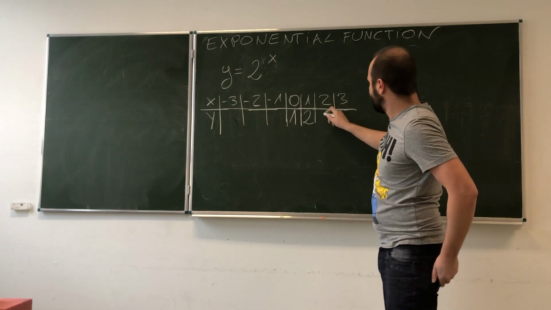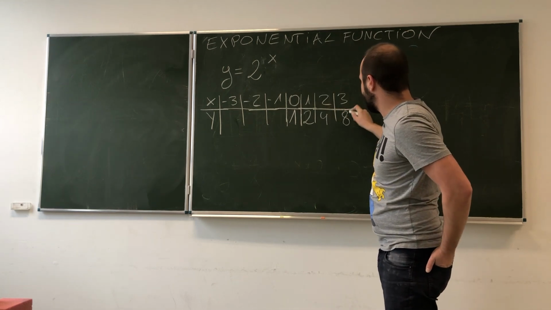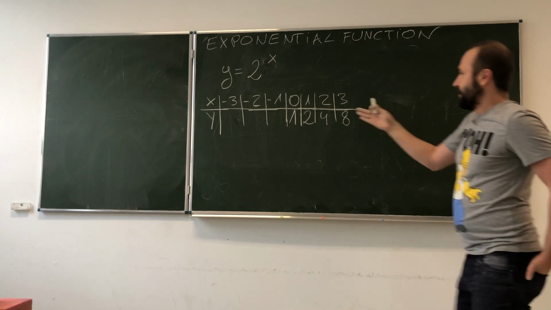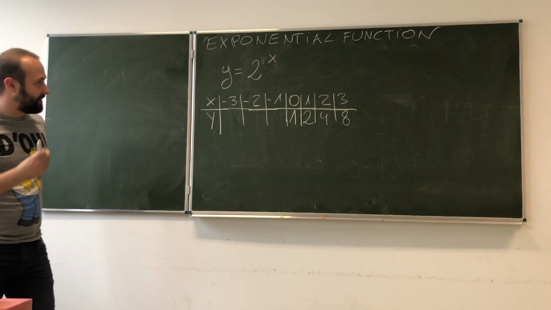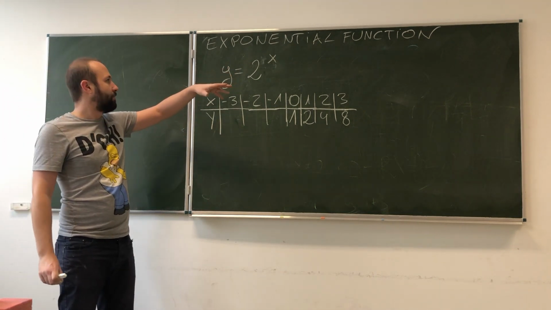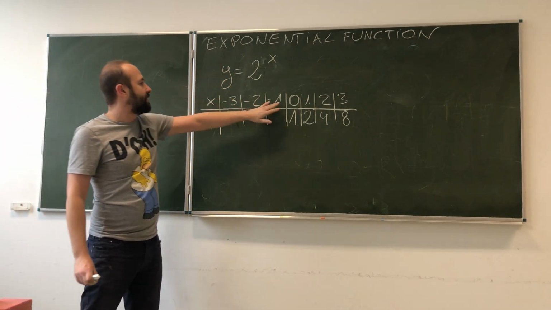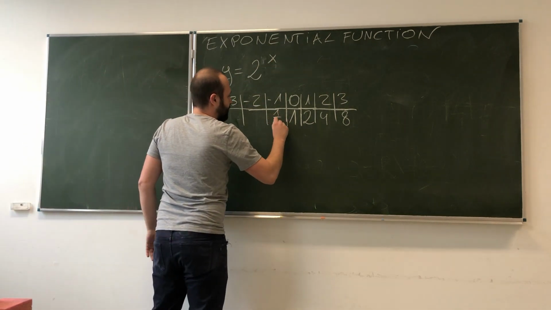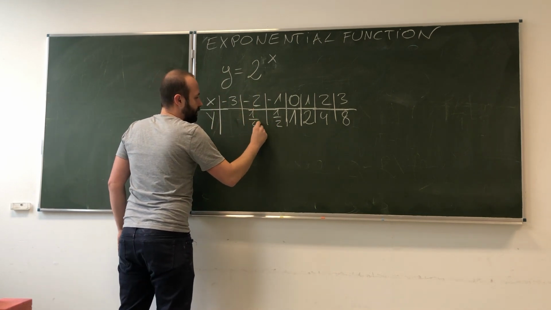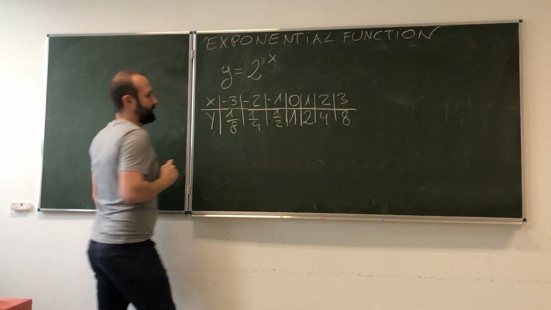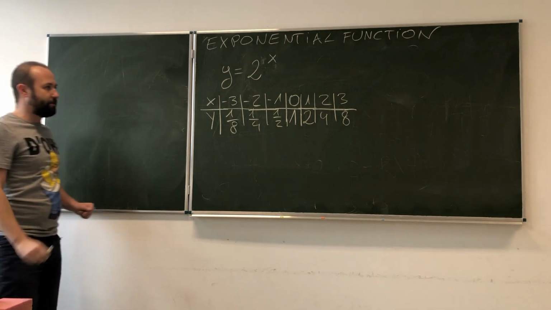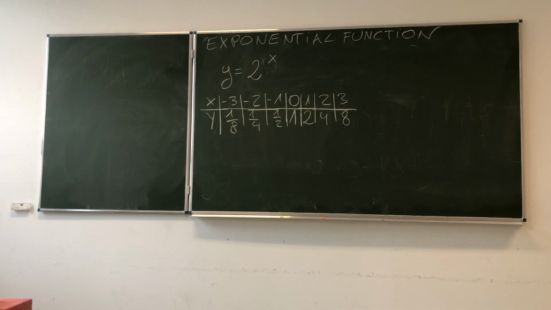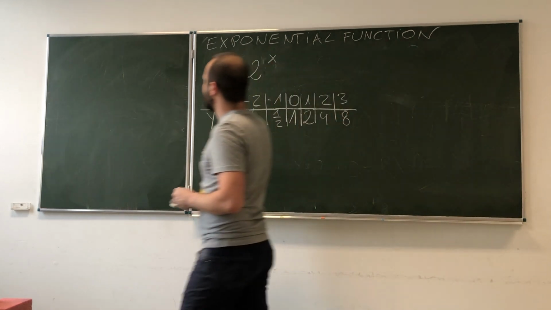If x is 2, we've got 4, then 8, then 16, and so forth. 2 to the power of -1 means 1 over 2. Then we would have 1 over 4 and 1 over 8. Even this simple example will allow us to get the proper shape of this function.